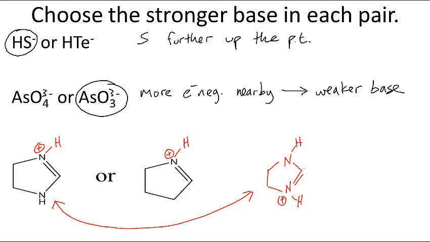So the positive formal charge actually gets shared between two atoms. In the second one, the positive formal charge is just stuck on one atom. So here, this first one, if you add a proton, its conjugate base will be more stable. So it actually turns out this first one is the stronger base.